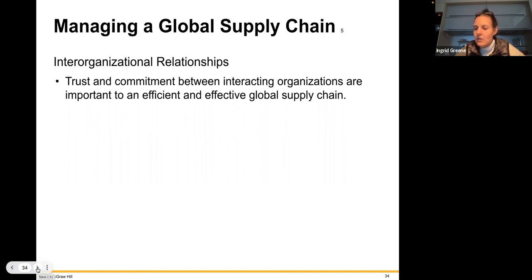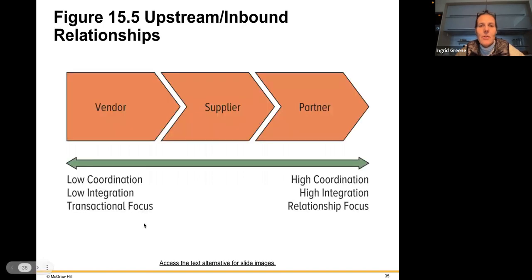So what he did was he created two different slides here talking about the upstream and the downstream relationships and the progression. So first, if you talk about upstream, right? So talking about people that you get the products from, first you might work with what you call a vendor. There's a little bit of lower coordination here, low integration. It's kind of a transactional focus.